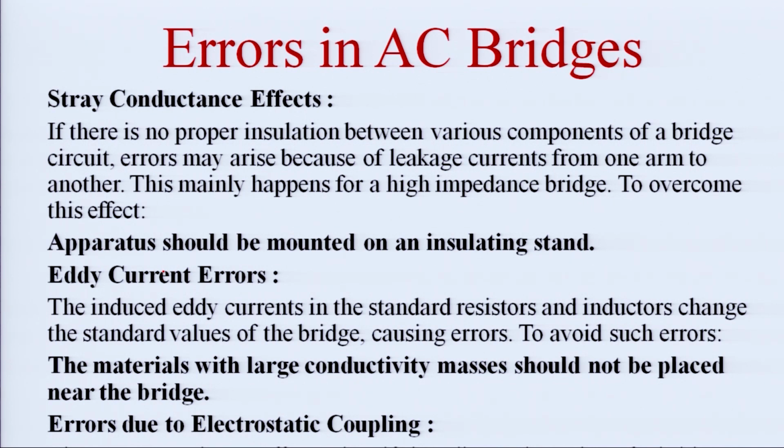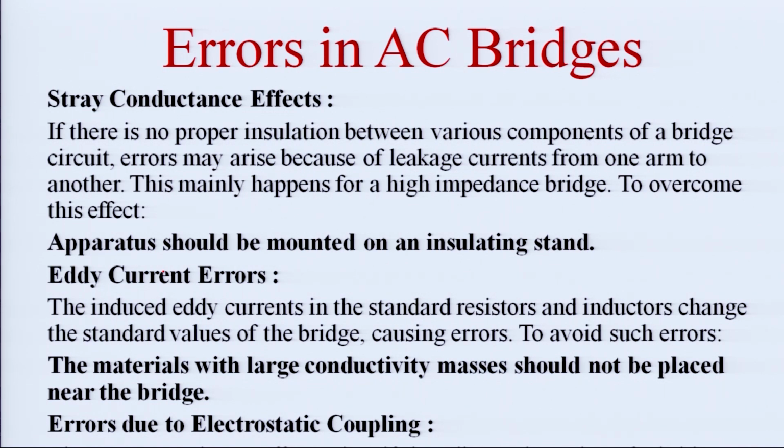Similarly, eddy current errors occur in the standard resistors and inductances, changing the bridge values and causing error. To reduce this error, materials with large conductive masses should not be placed near the bridge. Second is electrostatic coupling.